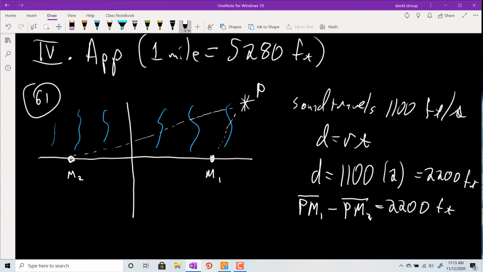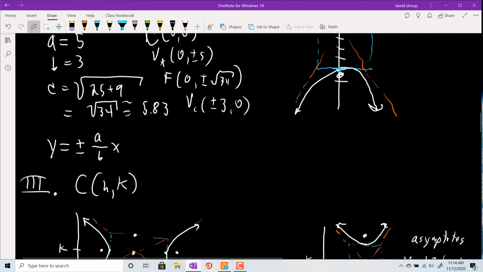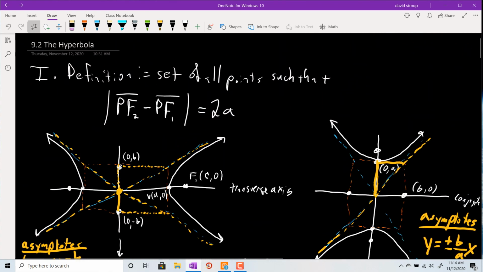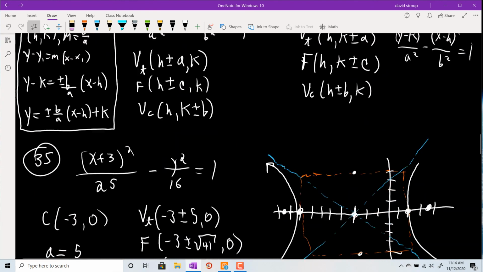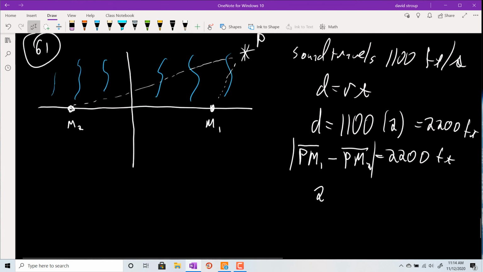And this is good because, maybe we should put some absolute values on there, that was the definition for a hyperbola way back in the beginning. You've probably forgotten by now, right? But there it is. That equals 2a. So we can set that 2,200 equal to 2a, and then we have our a value.